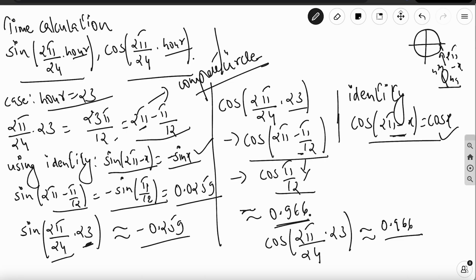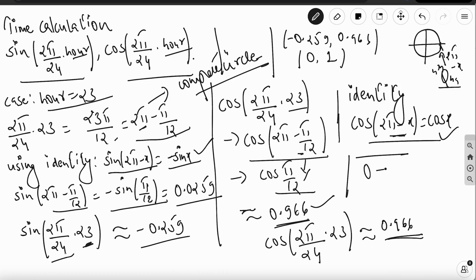So the 23rd hour, in terms of trigonometric functions, evaluates to minus 0.259 and 0.966. And in case of the 0th hour, we know that sine of 0 is 0 and cos of 0 is 1. Number wise, 0 and 23 are far away from one another.